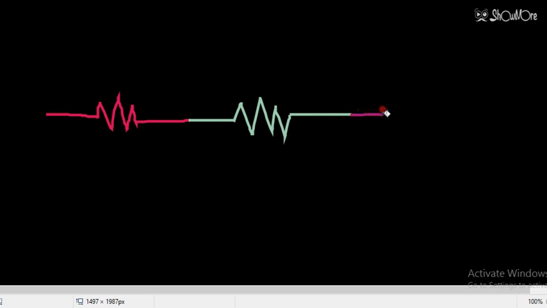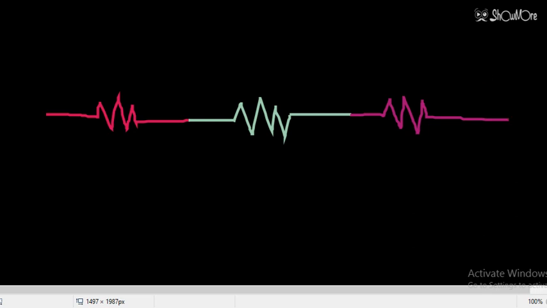This is the left end of the next resistance, which is represented here. I hope it is clear up to this point that these three resistances are in series.